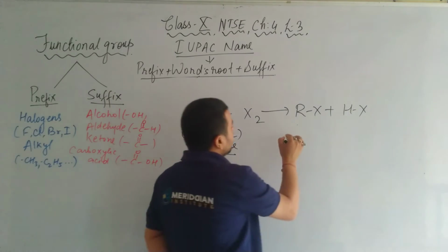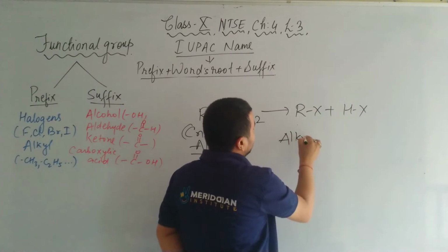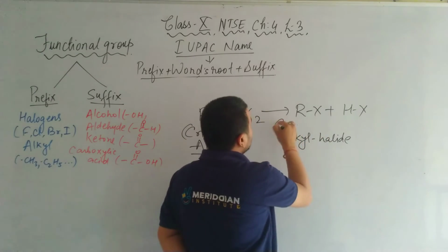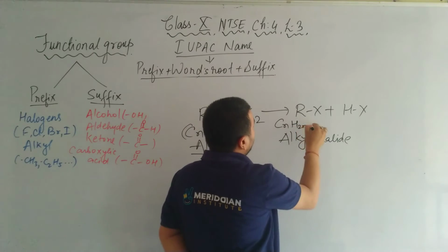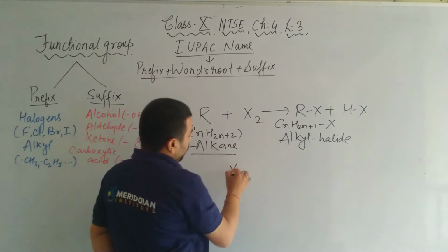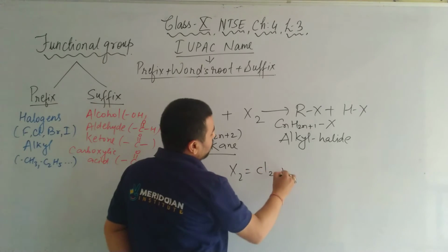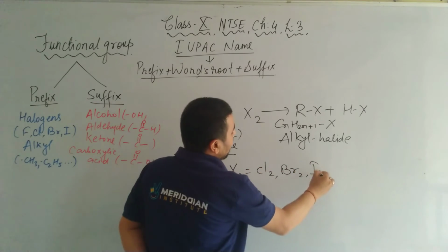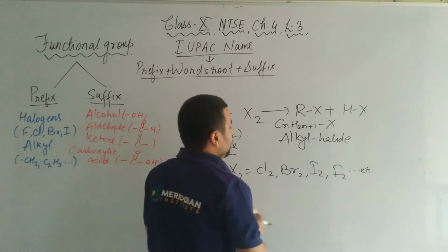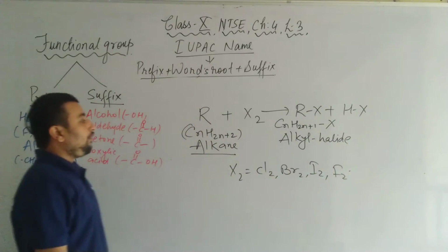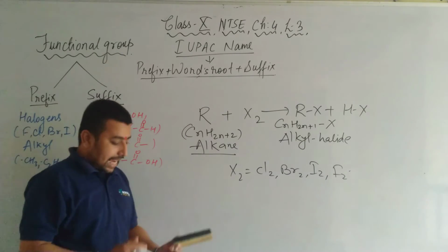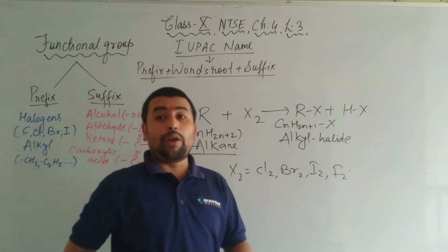And this is alkyl halide, meaning CnH2n+1 and X. And this X2 is also known as Cl2, Br2, I2, F2. Got it? So this was the first functional group, as you have seen, and we have understood the prefix.